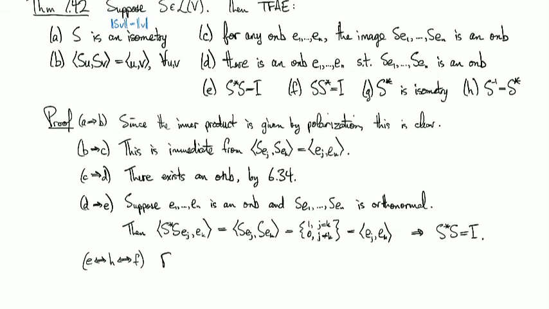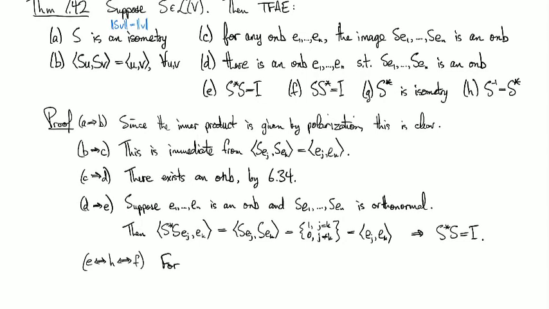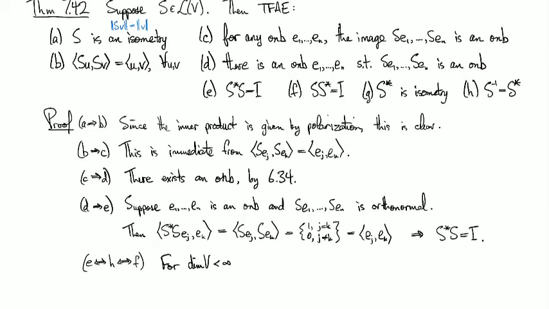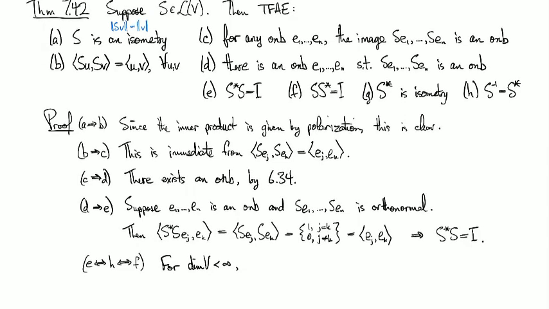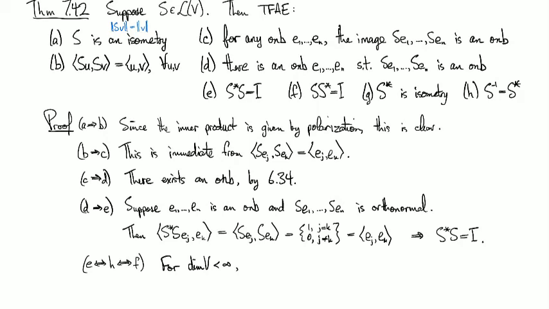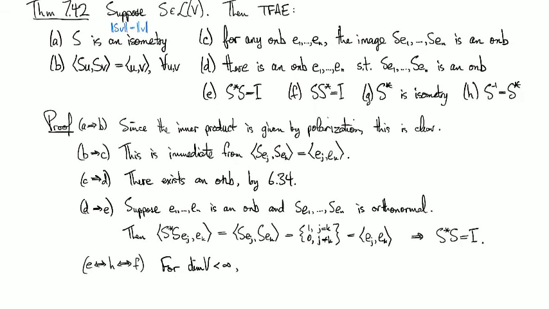There are some exercises back in chapter 3 that say that in the finite dimensional case, ST is equal to the identity if and only if S is the inverse of T and T is the inverse of S, in which case you can combine them in either order to get the identity.